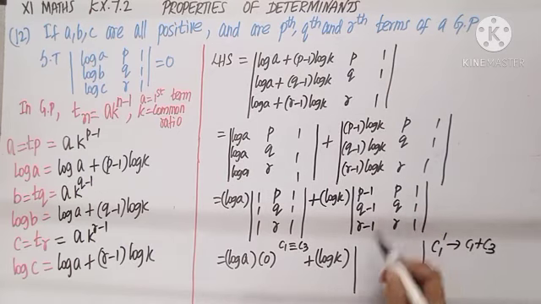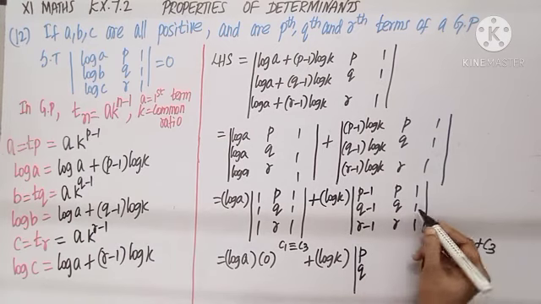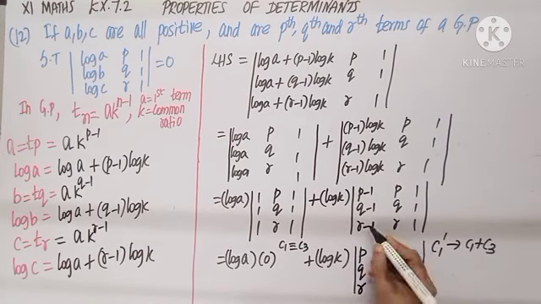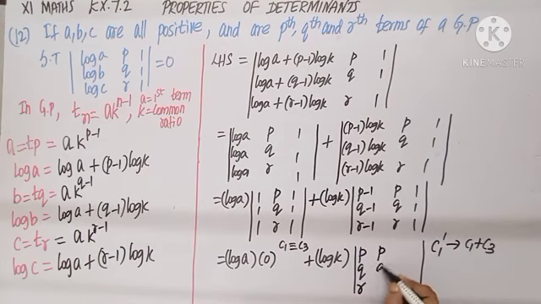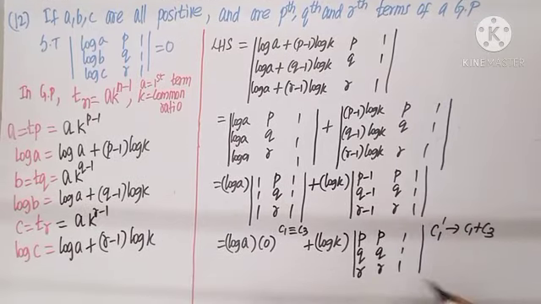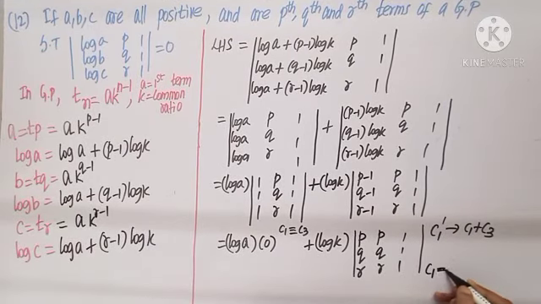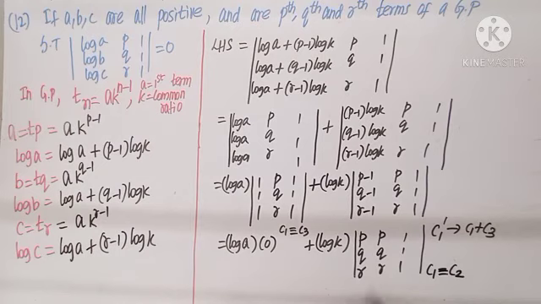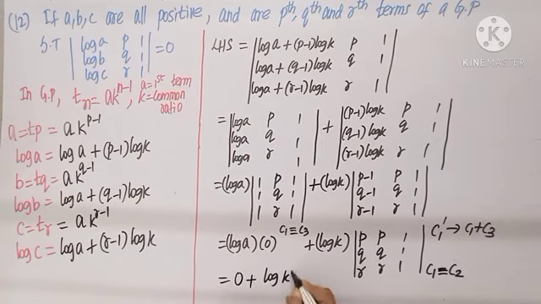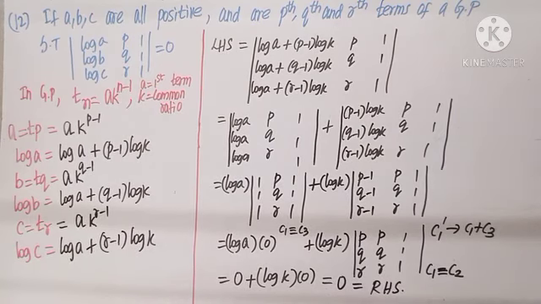As I add, p minus 1 plus 1 cancels. q minus 1 plus 1 cancels. r minus 1 plus 1 cancels. Second and third write as it is. As I check here, first column identical to column 2. So this also becomes 0. Log A into 0, 0 plus log k into 0 and the entire answer becomes 0, which is the RHS.